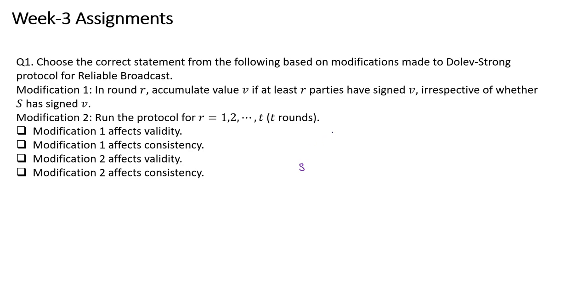Also remember that any number of parties can be corrupt. Let's say in one protocol there are P1, P2, P3 and P4. P4 is the sender, and P4 is honest, and P2 is a corrupt party.